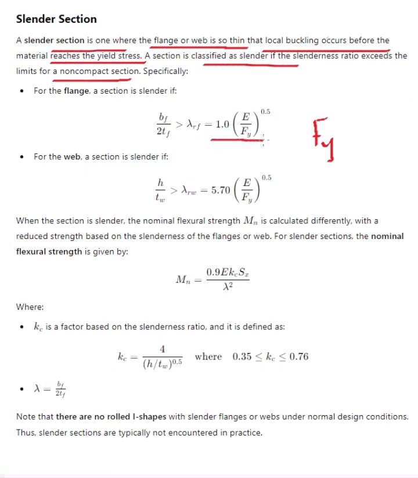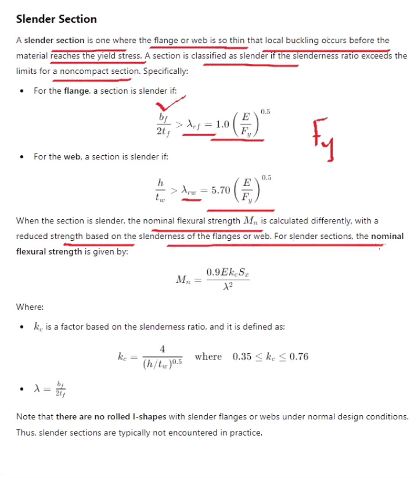We know the limits for the non-compact flange or web, lambda rf and lambda rw. If the slenderness of the flange goes beyond this, then it becomes a slender section. When the section is slender, the nominal flexural strength is calculated differently and reduced based on the slenderness ratio of the flanges and web.